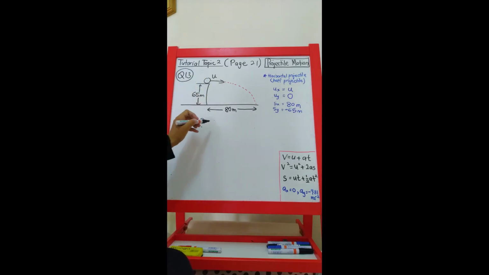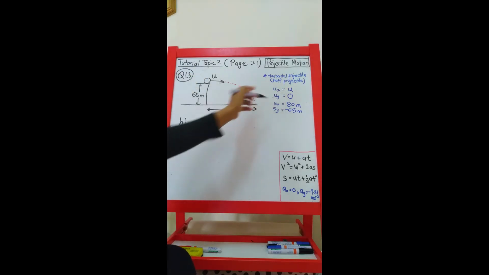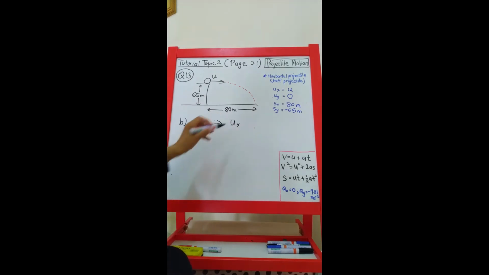For part B, it asks you to find the initial velocity of the ball, which means U here. But you know, U is basically Ux. So the question asks you to find Ux. Do the Suvat analysis. Since we want to find Ux, we need to consider the X component for all vectors here.